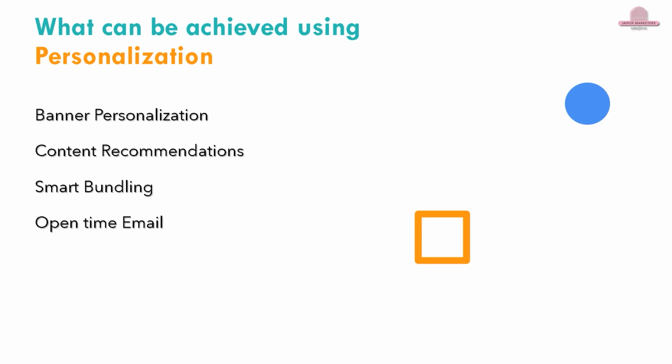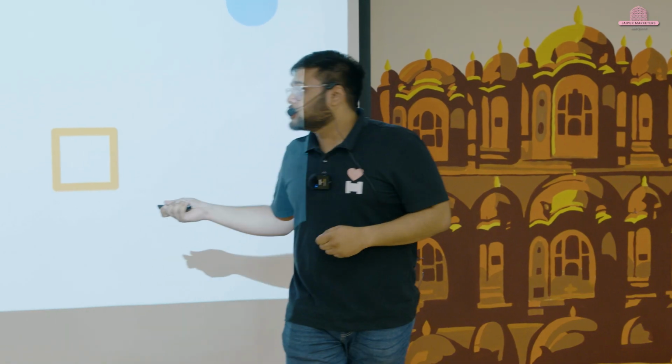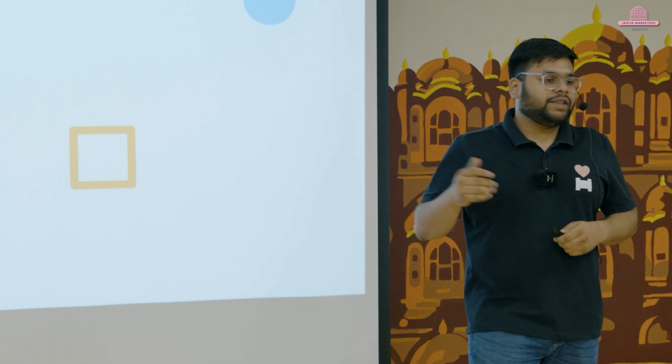Then comes the open time email. This is the best use case which Marketing Cloud Personalization has. Suppose I am browsing the Amazon website and I was looking for Puma shoes, right? And at that moment, Amazon sent an email to my Gmail account, and I didn't see that email because usually we don't see marketing emails so frequently, right?